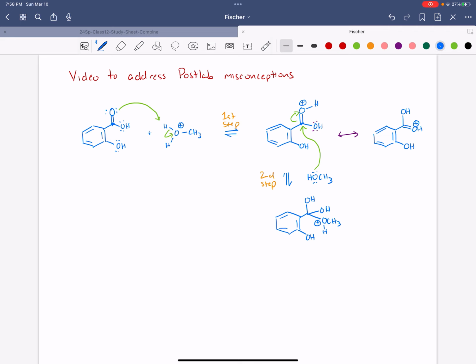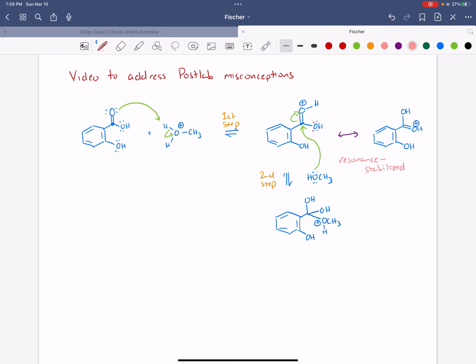All right. This is showing again. Why did I show this? I'm showing resonance stabilization. And let me write that down. Protonation at that oxygen gives me a resonance stabilized product or result. Resonance stabilized.